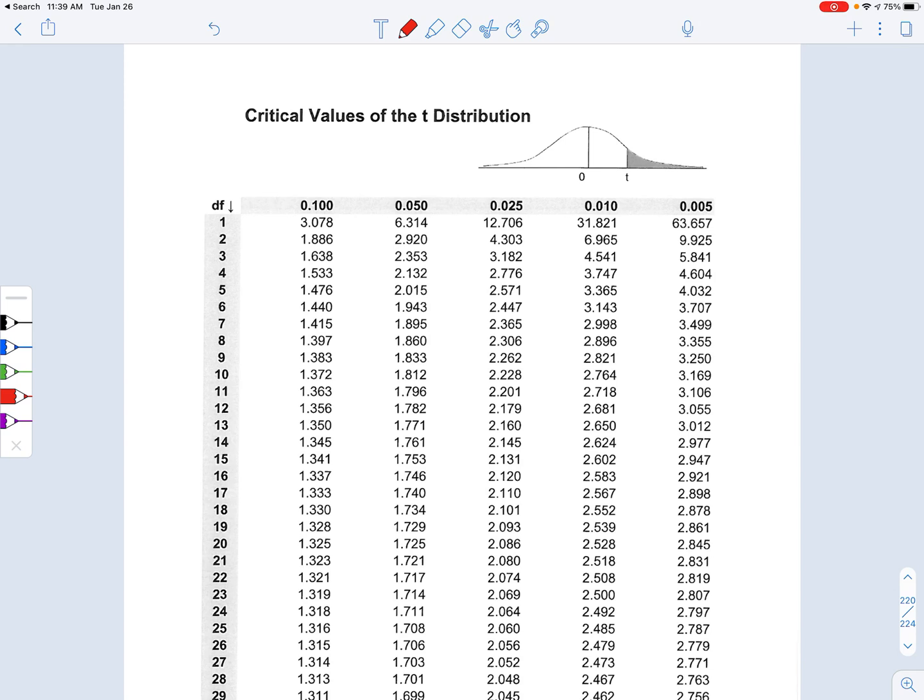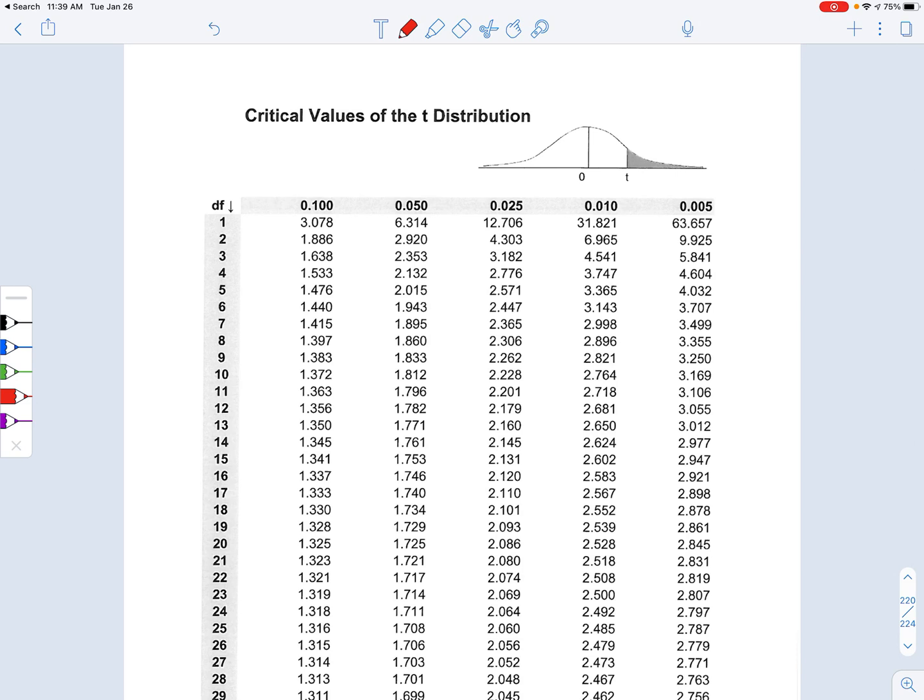So they're talking about the area in the upper tail. The thing about the chi-square distribution is that it's not symmetric about 0, right? So you can't say that the lower tail value is just simply the negative of the upper tail value.